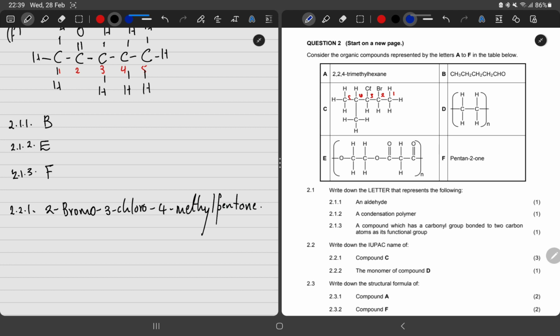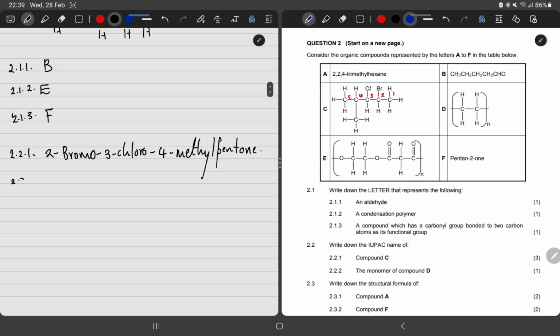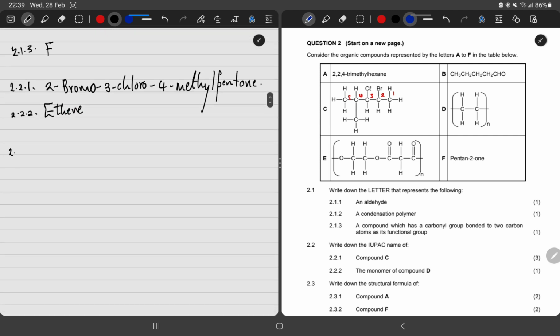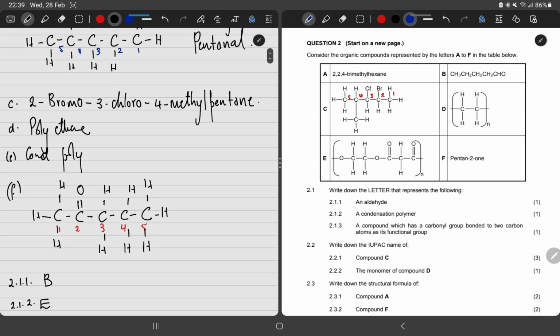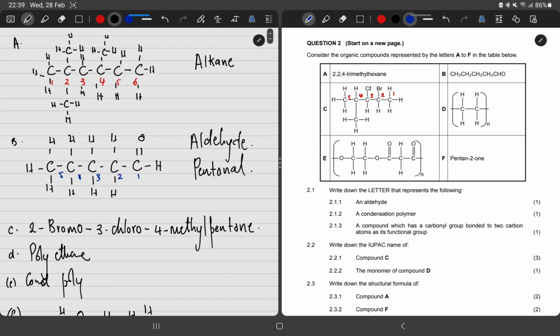And then 2.2.2. The monomer of compound D, that is going to be ethene. 2.3. Write down the structural formula of compound A. You already have that. It's right there.